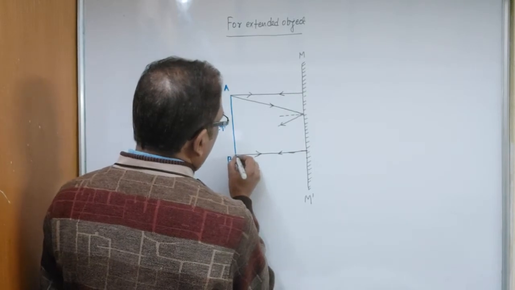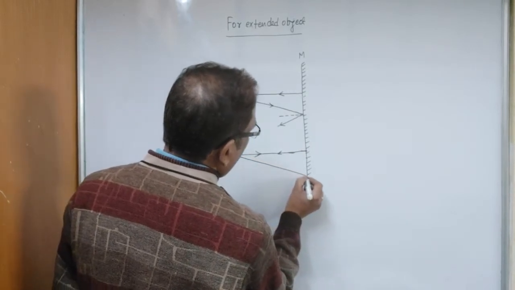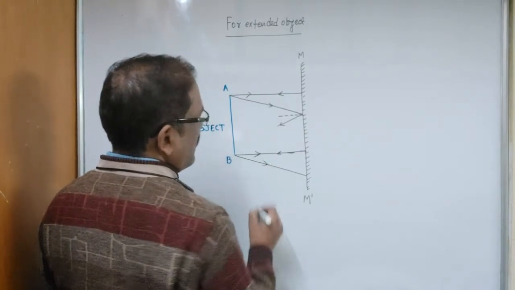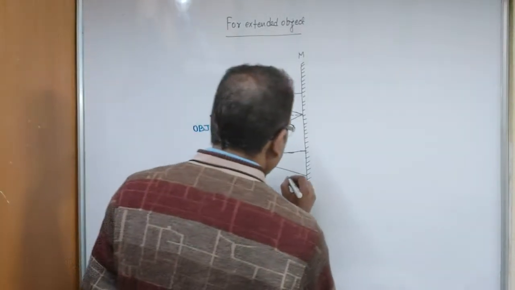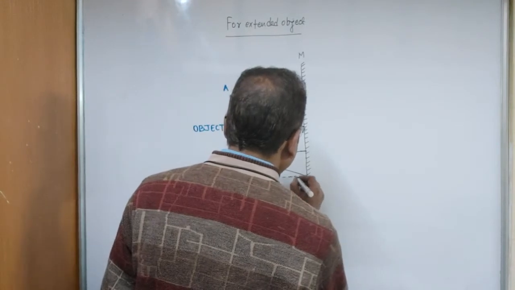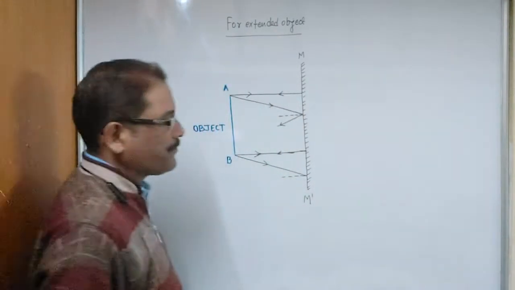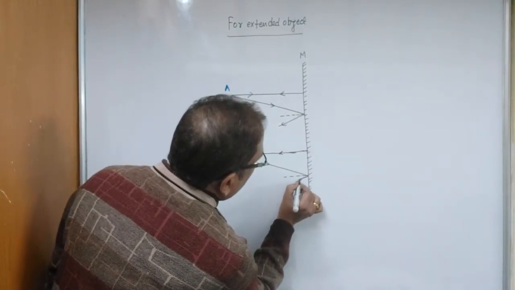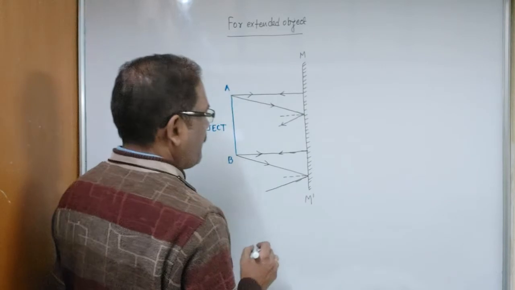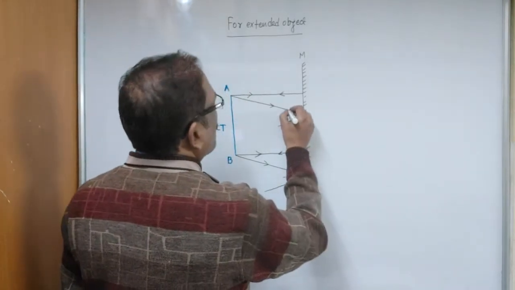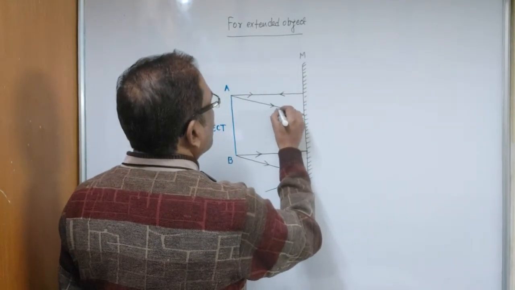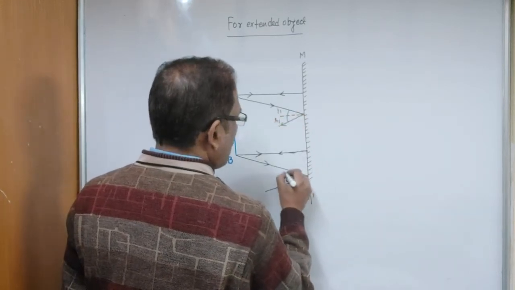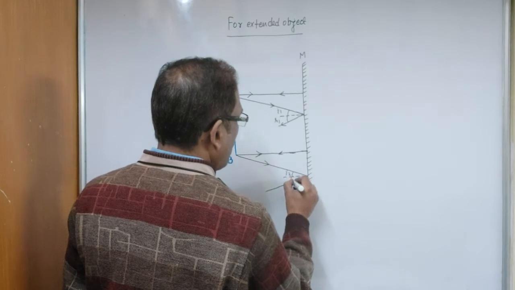Take another ray which makes some angle with the mirror surface. So another ray is this. At the point of incidence, again you have to draw a normal, and this ray will also return back by making the same angle. So again you can mark here I1, R1, and this is I2 and R2.